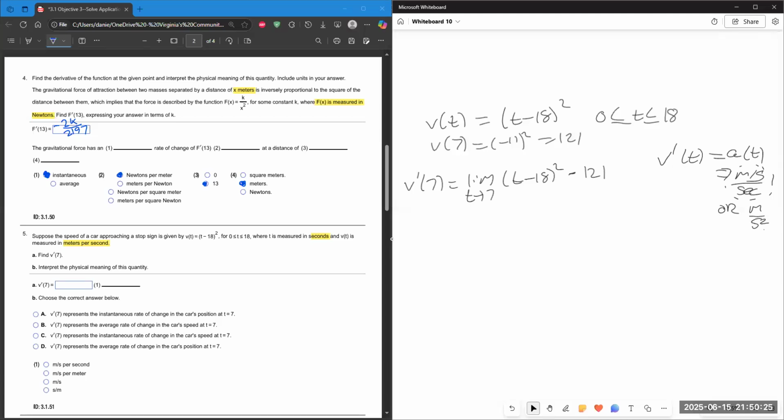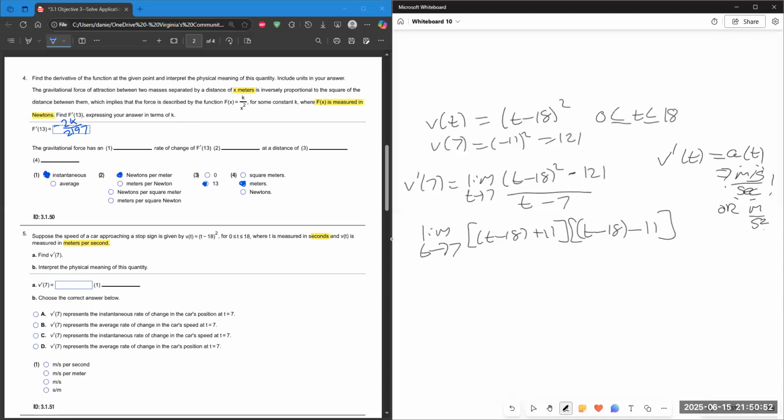I'm actually going to use a factoring technique there that may seem unusual to you, but I'm going to do it anyway. This is the limit as t goes to 7 of (t minus 18 plus 11)(t minus 18 minus 11).